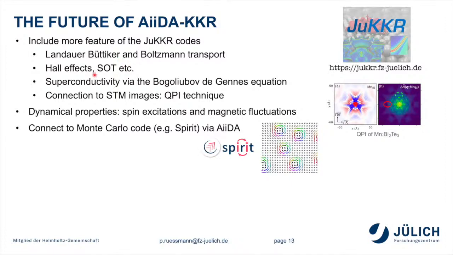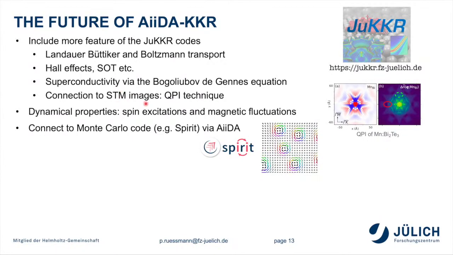We can then, for example, look at the spin-orbit torques that several impurities can exert. And at the moment, we're also implementing superconductivity via the Bogoliubov-de Gennes equation into our JuKKR code, and it is planned to also make this available through the AiiDA-KKR plugin in the future.